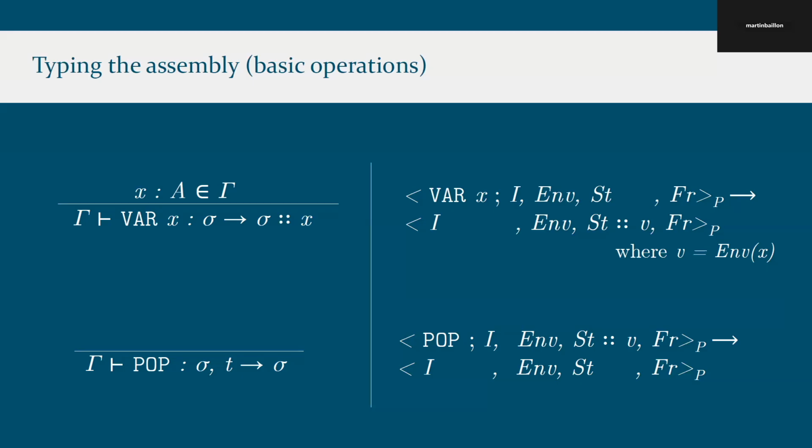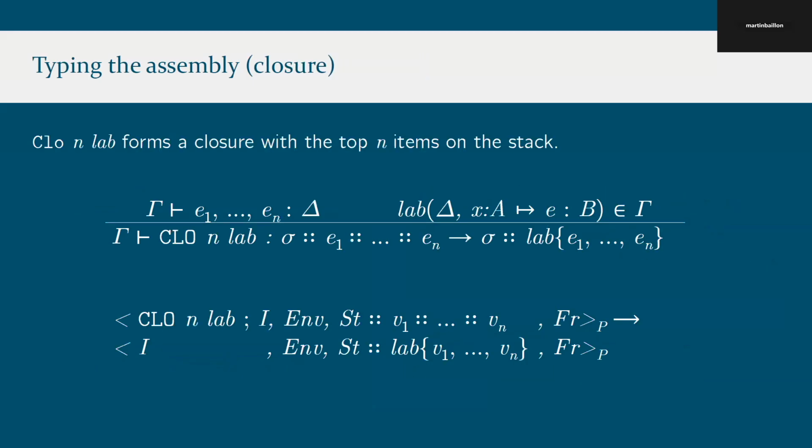And this is really very conventional, and the same-ish thing goes also for closures and applications. The closure rule is very much like the closure rule for the term calculus, where you have a list of terms satisfying the type of three variables to be supplied with a closure. Then this instruction clo n lab will just make a closure with the top n items on the stack and pair up with label lab.